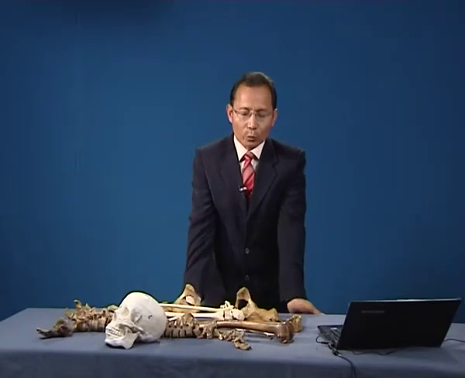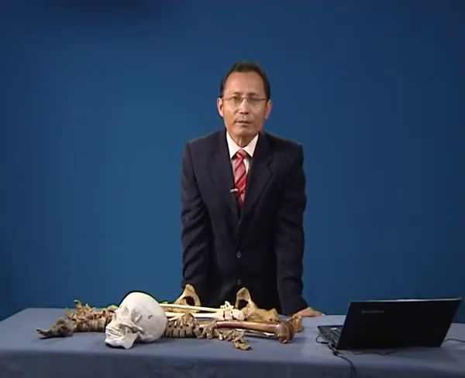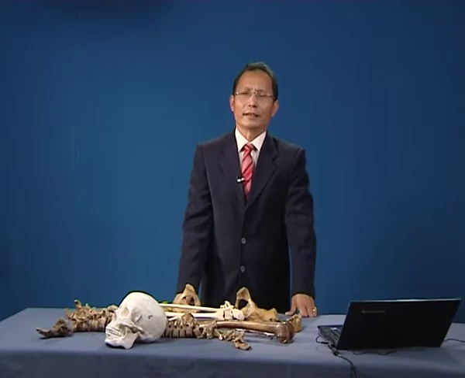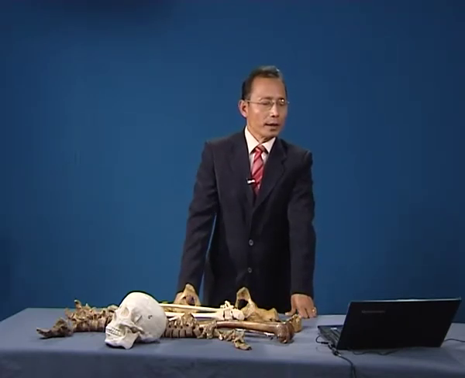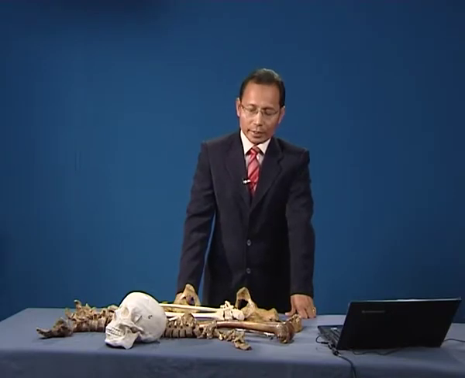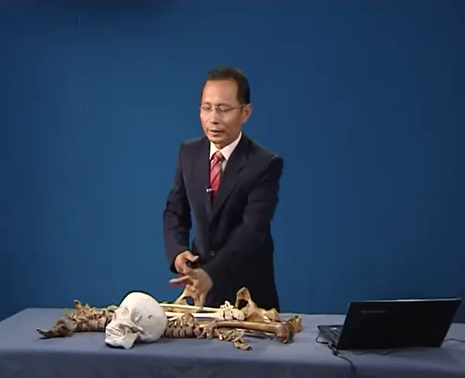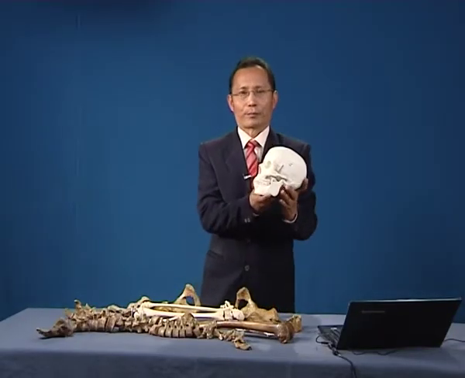Now, we will come to the different parts of the axial and appendicular bones. Let us come to the axial part first of all. Axial part is constituted by skull, vertebral column, ribs and sternum, altogether 80 bones. So this is a skull.